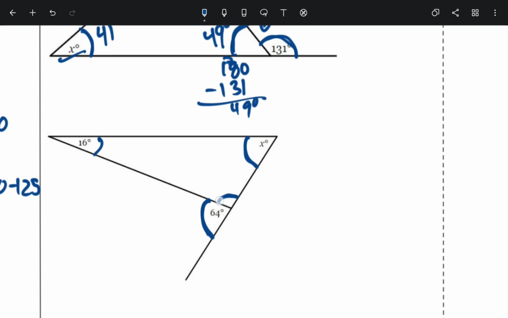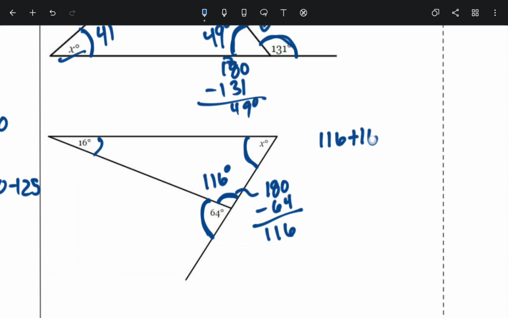So let's find this angle first by doing 180 minus 64 degrees. That will give us 116 degrees. And now we can use the angle-sum theorem to solve for x. So 116 plus 16 plus x equals 180.